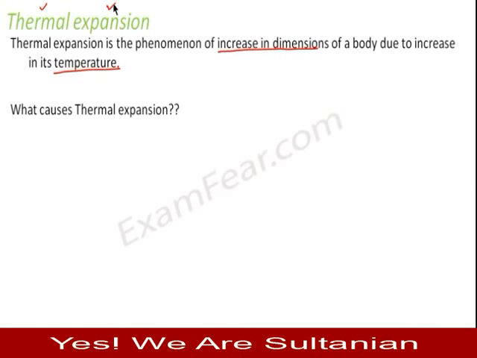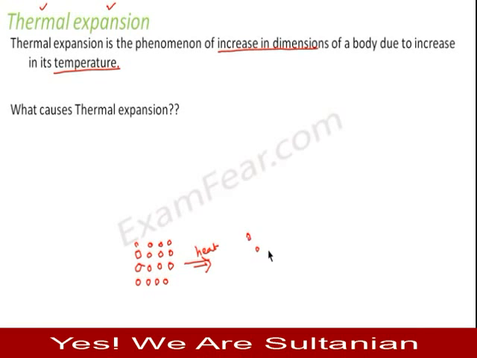Think of this scenario in this way. Let us suppose there is a certain object which is made up of molecules. Initially the molecules are arranged in this way. Now you heat this substance, and what happens?